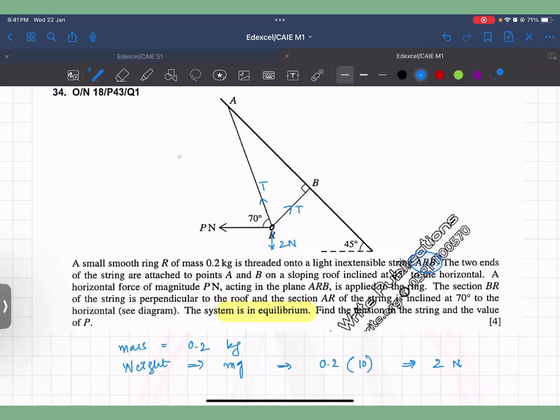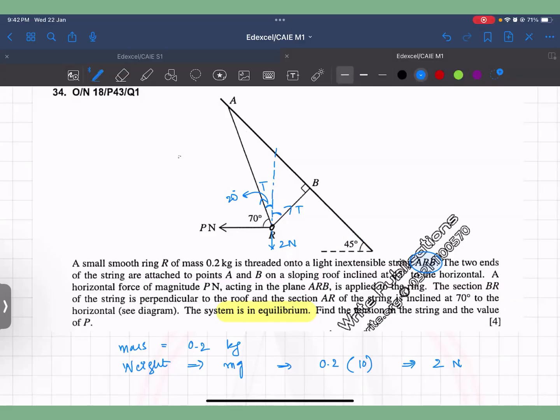So we have to use a little bit of angle properties. If I make this vertical, this angle would be 90 minus 70, which is 20 degrees. And what about this angle? This is given to us as 45.